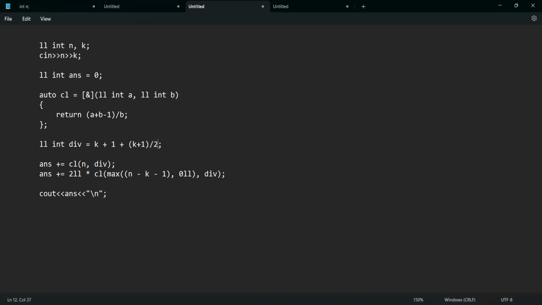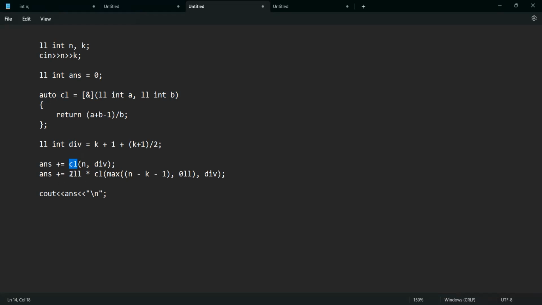Right. So now what we are doing, we are taking n and k as input. Initially, I'm initializing my answer as 0. This is just to calculate ceil of A divided by B. And this div value is k plus 1 plus (k plus 1) by 2. So I'm calculating first of all ceil of n divided by this div.